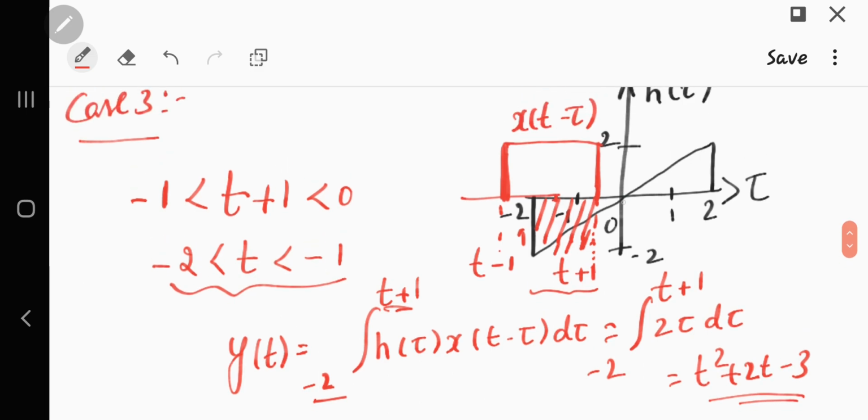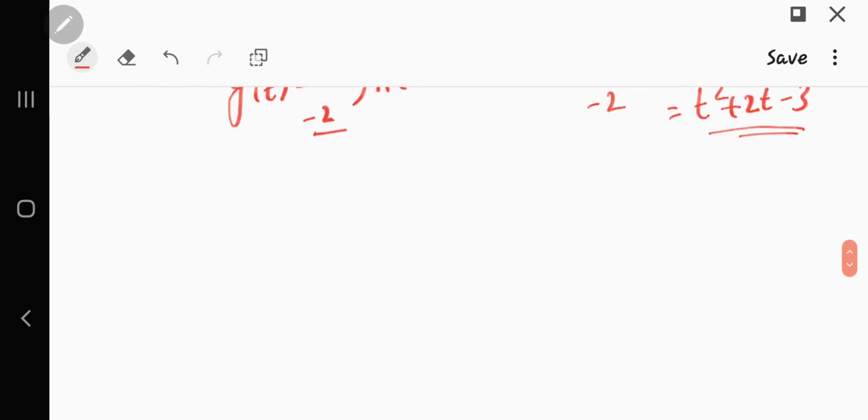Okay. Now in the next step, I will take this t plus 1 and place it here between 0 and 1, and let's see what happens to the signal. So let's take this as case 4. So depending on the problem, the cases might increase. Okay.